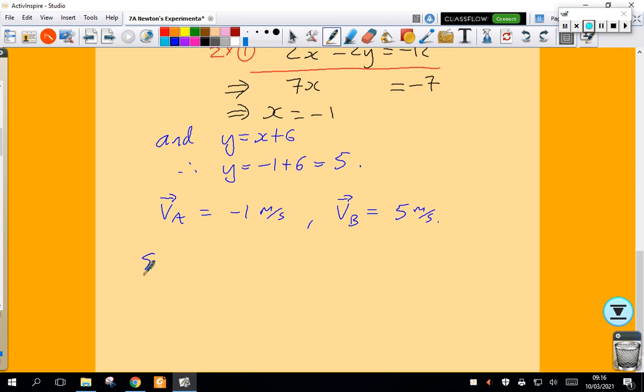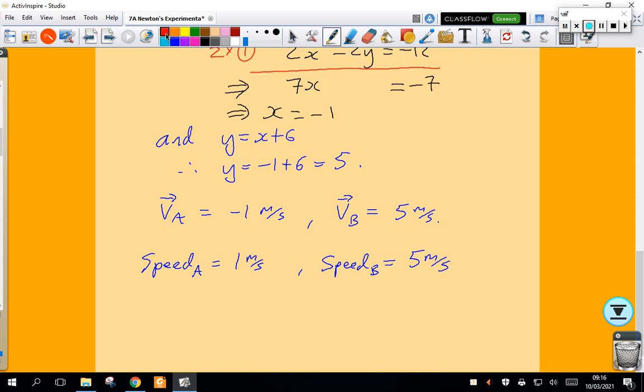So the speed of A is equal to, well, what's A doing? The velocity of A is -1. That means it's moving at 1 meter per second to the left, so its speed is just 1 meter per second. And the speed of B, well, it's moving at 5 meters per second to the right, so that's just going to be 5 meters per second.